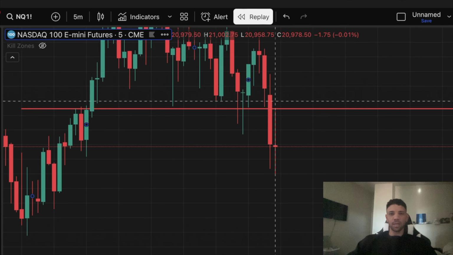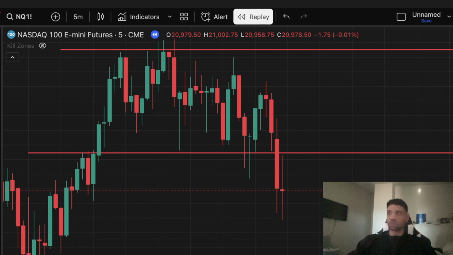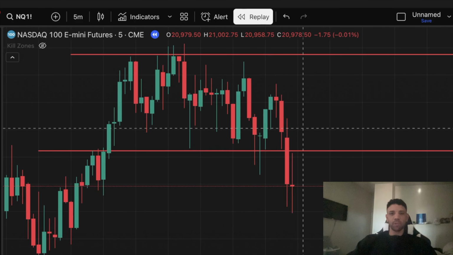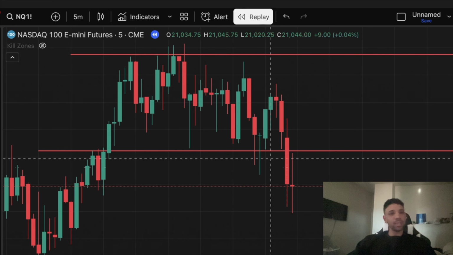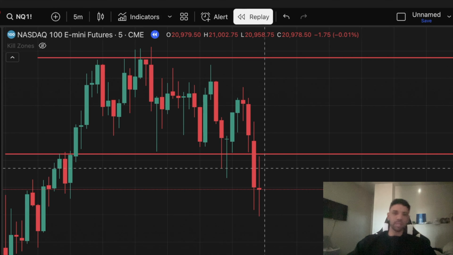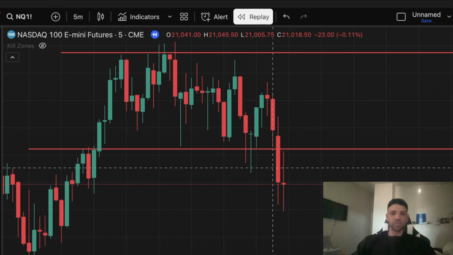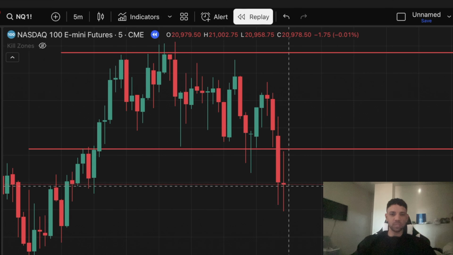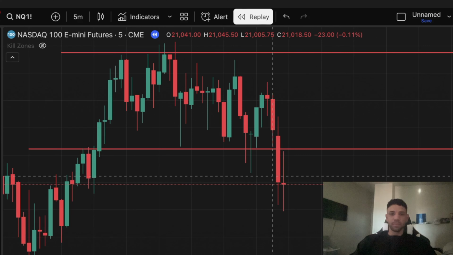And as you can see right here, price broke out and closed. So when you're taking breakout trades like I do, you want to see price break out and close before you take your trades. You can be a little impatient if that's your strategy. If it starts to come down, you can just fire off. But with trading, you want to have the best entries possible. So sometimes it's better to wait for that confirmation, wait for the candle to close out of these zones, and then take your sell. It would be something like this.